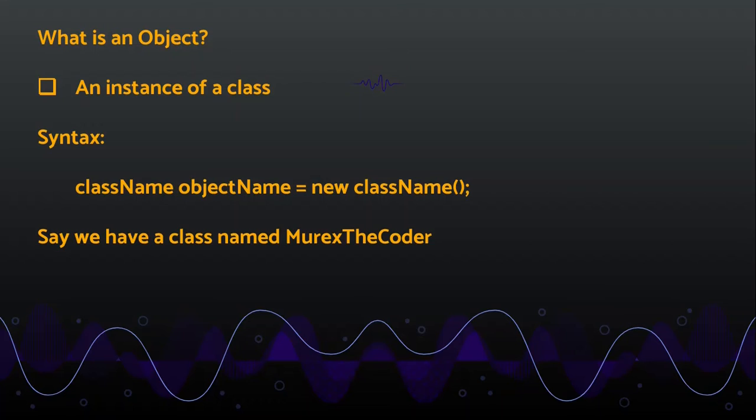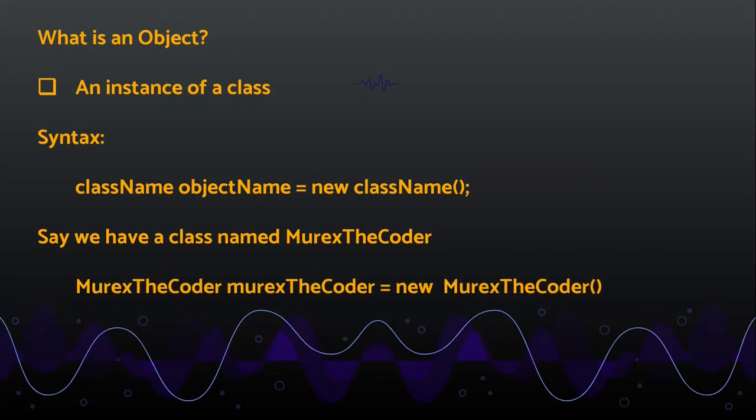So cool. Say we have a class named Murex decoder, right? This is just the class that we're going to create in the application shortly. If you want to create an object of this class, you just call the class name, Murex decoder, and then you have the object. Mostly the object is written in lowercase of your class.